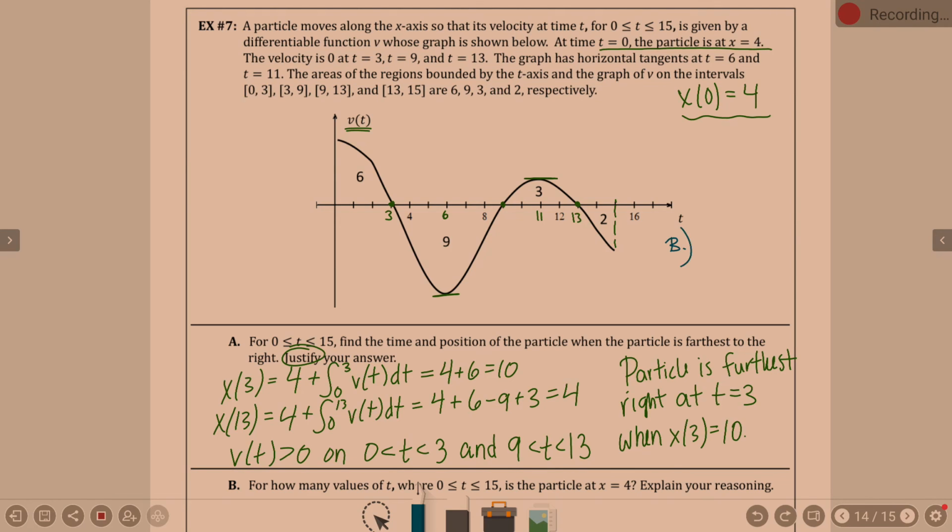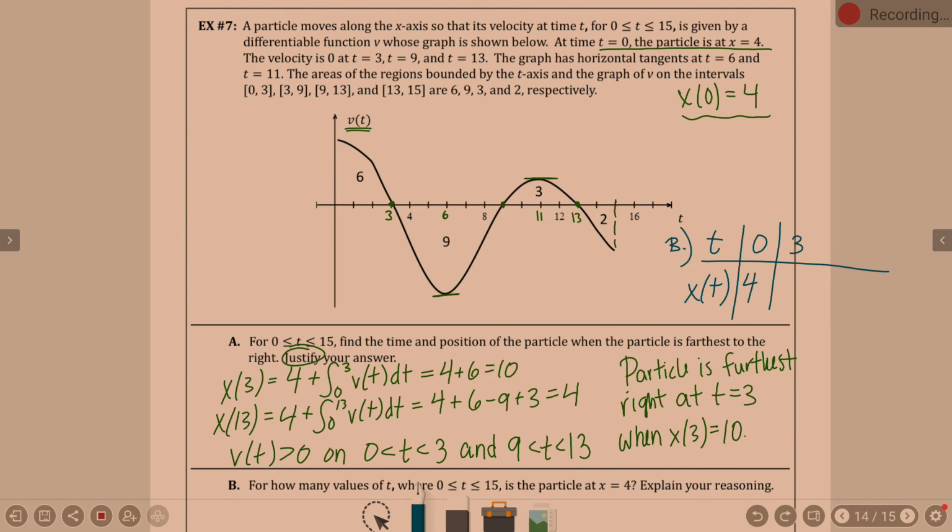If we look at a table here, because we want to know how many times the particle is at x equals 4, we need to look at the time versus the position. At time 0, what's our position? 4. At time 3, what's our position? 10.